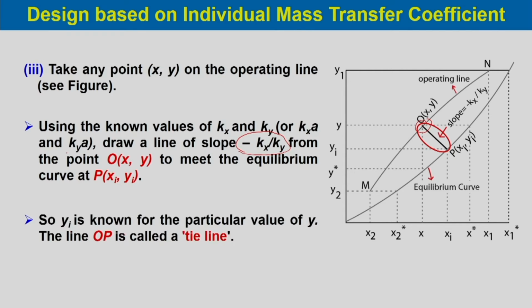Yi is known for the particular value of y. The line OP over here is called the tie line, which will give the interfacial concentrations xi and yi.